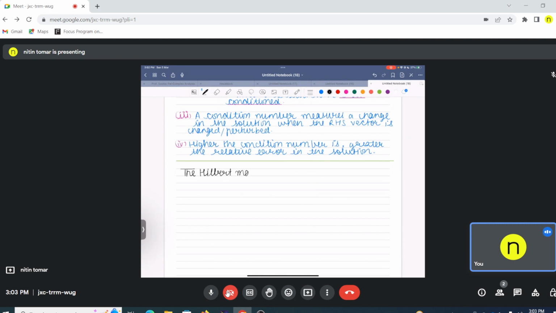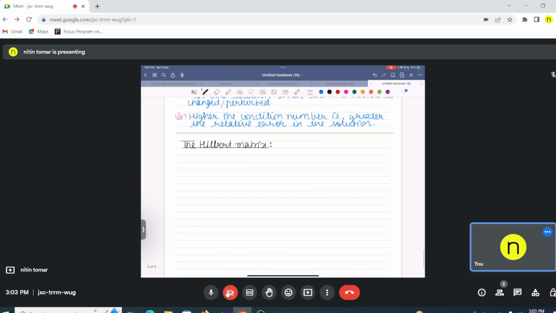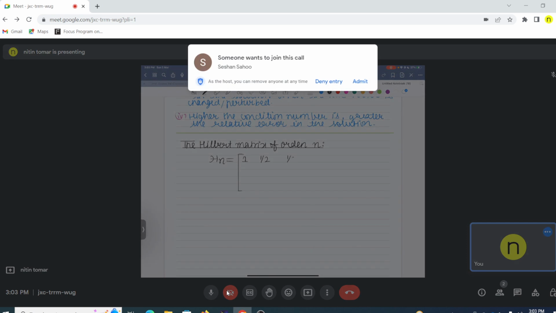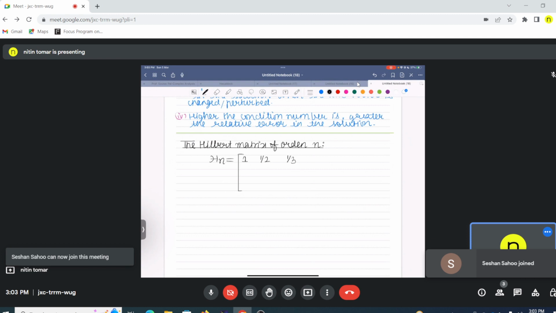So the Hilbert matrix of order n, we denote it by Hn and it is given by 1, 1/2, 1/3, and so on and so forth.